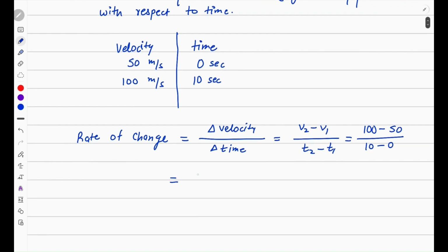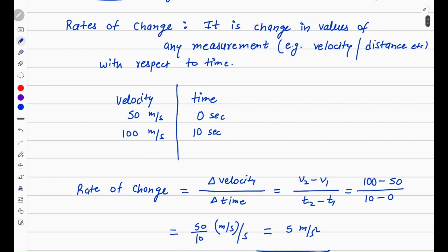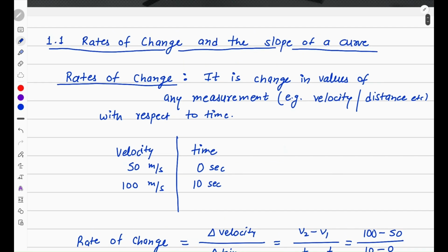So the rate of change is 50 over 10 meters per second, which is 5 meters per second square. So this is the rate of change. Basically it defines how much it is changing with respect to time. Now we move to the next topic, which is the slope of a curve.